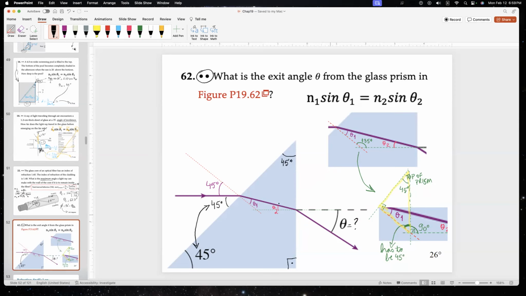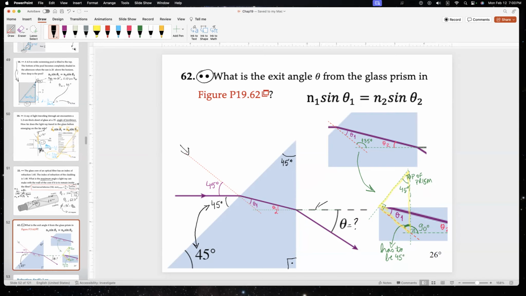And you've got to do this in steps. The first thing to do, because this was coming along a straight line here, is draw a normal line perpendicular to the surface. Draw a normal line perpendicular to all surfaces, right? This normal line here and this normal line here, draw them. You're going to need them.